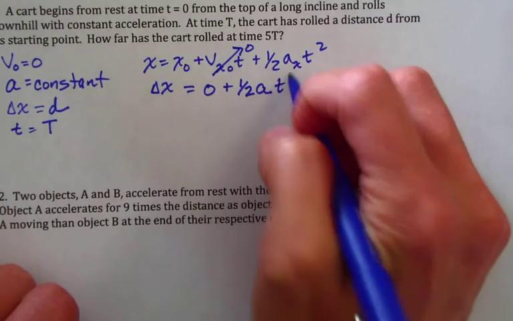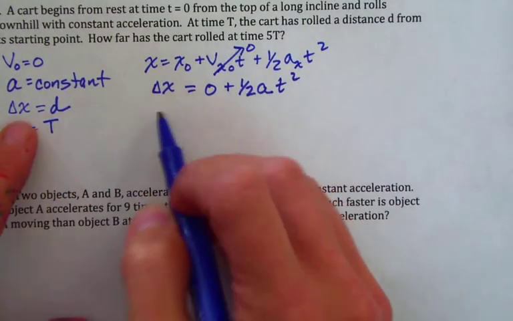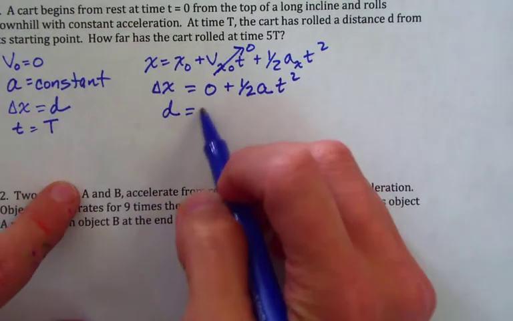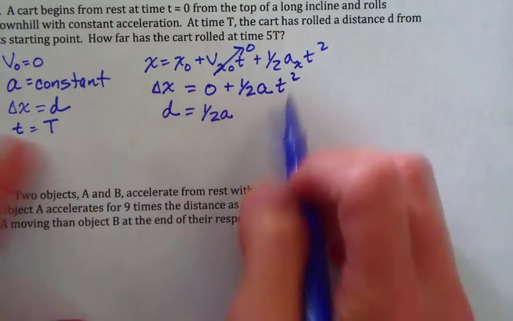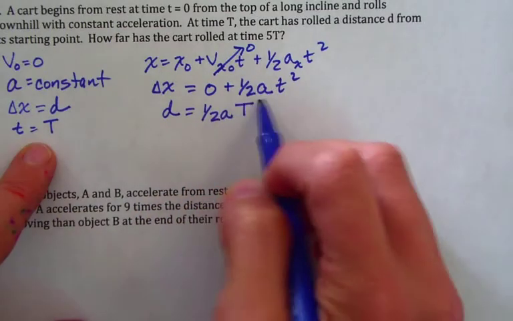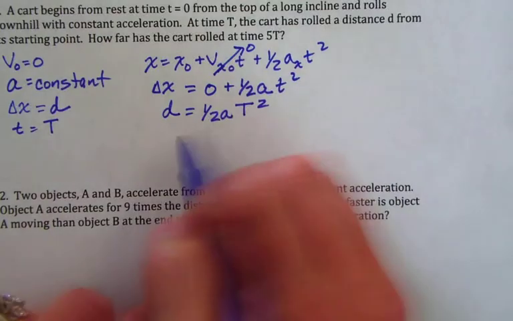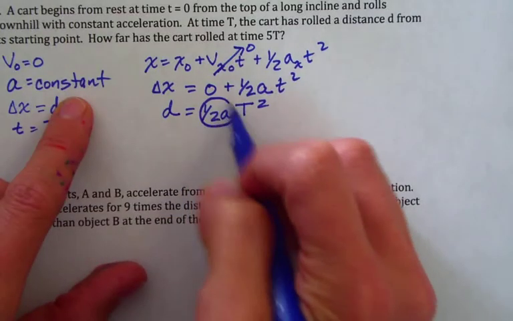Delta x is d equals 1/2 a, and then this little t is really big T squared. Okay? The thing is, it tells us acceleration is constant.